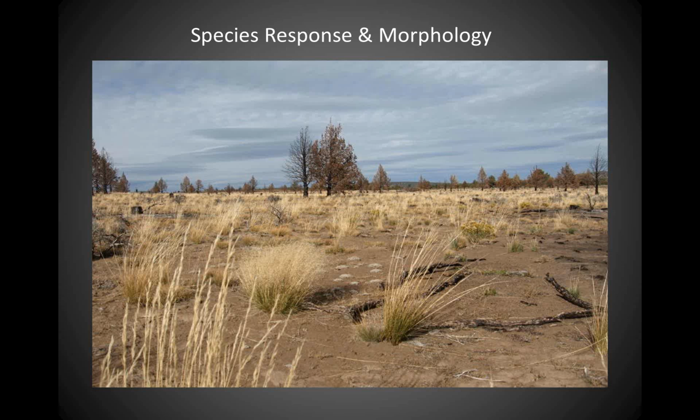The other thing that we tried to pull together, everything we could find in the region, was basically the morphology, because as I mentioned, species response, we have good information on some of the major grass species, but it's really surprising there's a lot of species we have very little information on.